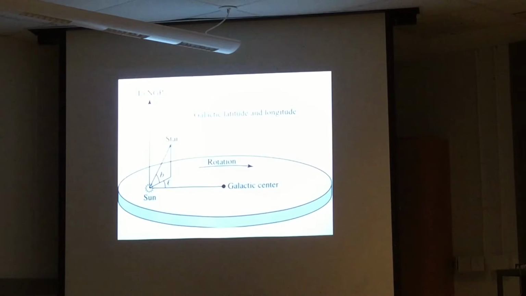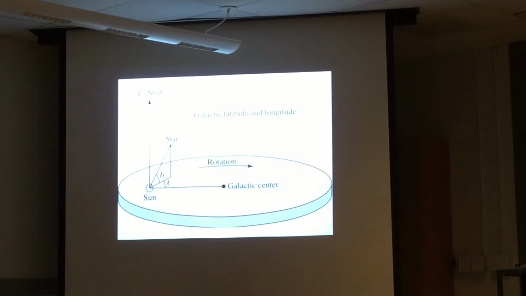You have to arbitrarily define a great circle to be the galactic plane because the galaxy has some thickness. And then the points that are 90 degrees away from the great circle of the galactic plane on the sky, the intersection of the galactic plane with the celestial sphere, are the NGP and the SGP, the North Galactic Pole and the South Galactic Pole.